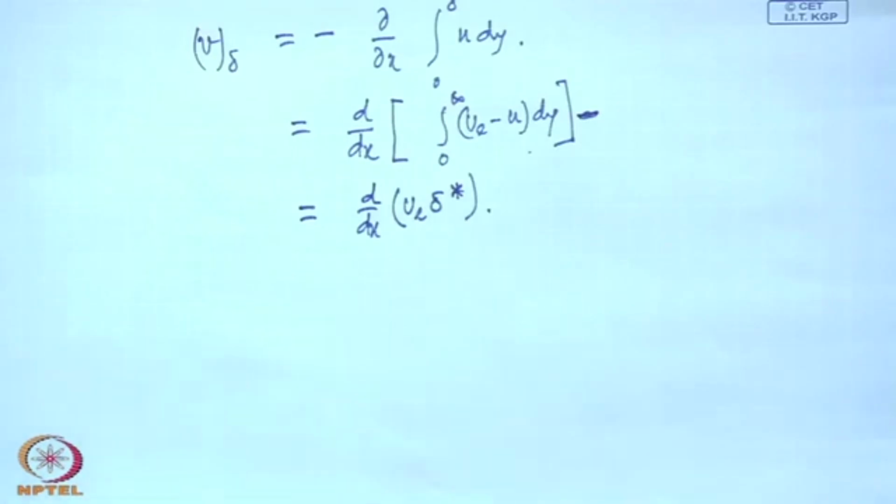Now see, this can be thought of in another way. VE is the normal component of velocity at the edge of the boundary layer, or where the inviscid flow solution starts. So, this happens to be the boundary condition for the inviscid flow.